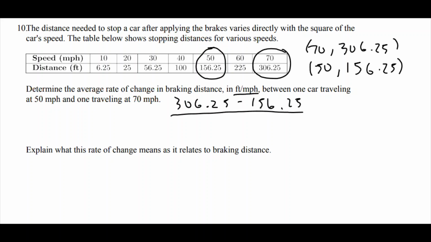We see this here because it gave us the ratio we're looking for, the average rate of change in braking distance in feet over miles per hour. So the miles per hour here will be 70 minus 50.